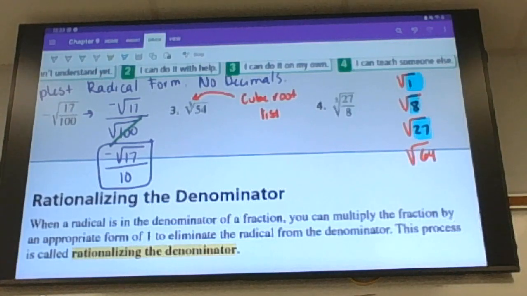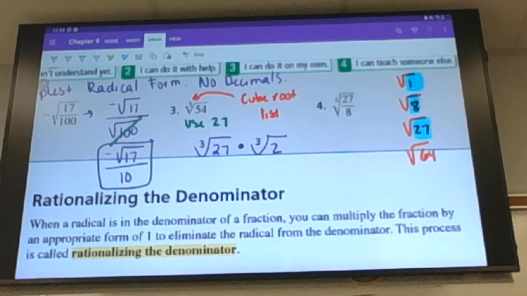Does 54 divide by 27? Yes, it does. 54 is 27 times 2. So I'm going to use 27. I'm going to rewrite it as the cube root of 27 times the cube root of 2. That's the same as 54.